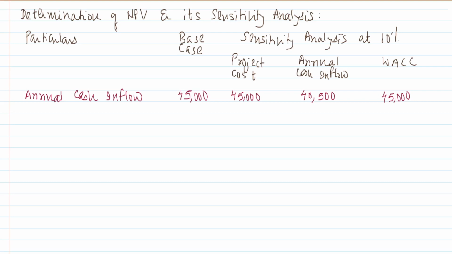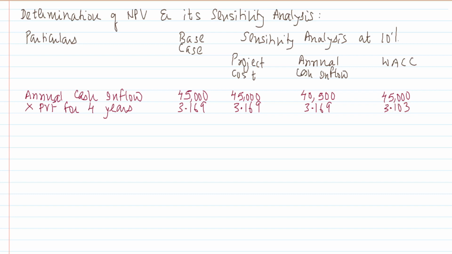Then the present value factor for 4 years. Base case, it is 10%, so 3.169. Here also 3.169. Here also 3.169. But when you come to WACC, change the WACC to 11%. So here it will be 3.103.